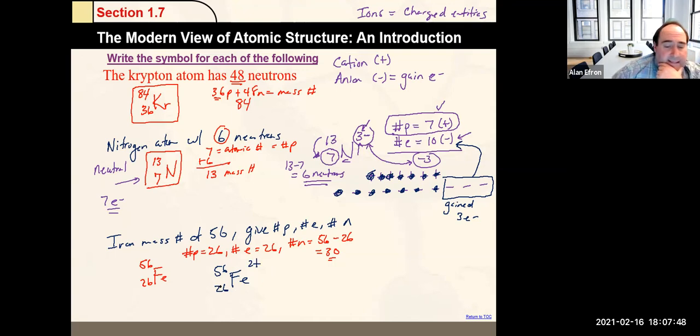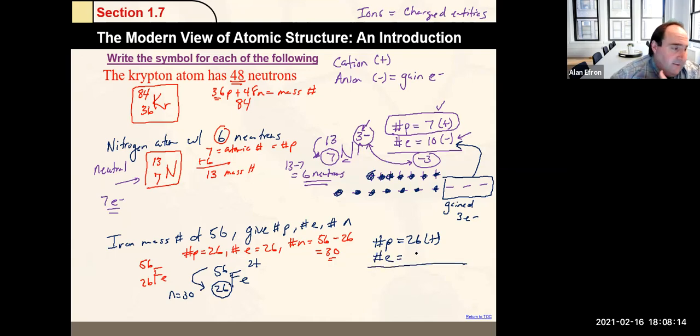Now, the same idea here, because it's still iron, it still has 26 protons. And our neutrons here are still 56 minus 26, which gives us 30 neutrons, just like we had before. So same idea, it is the electrons that actually change when we gain a charge.